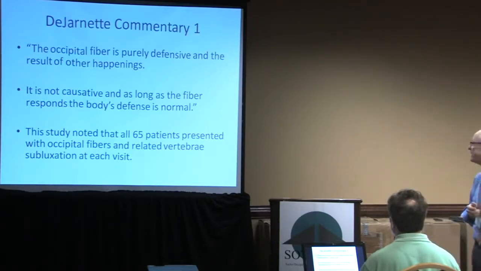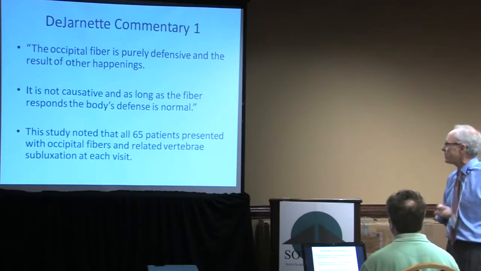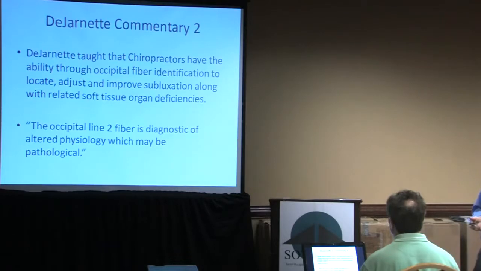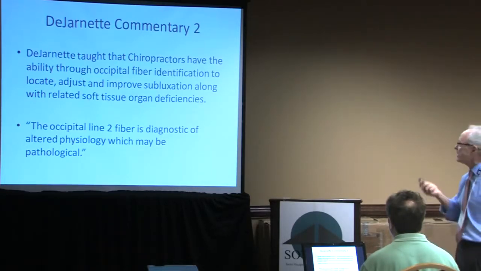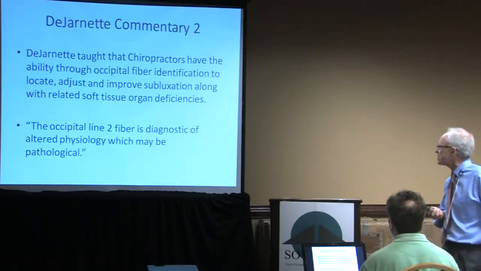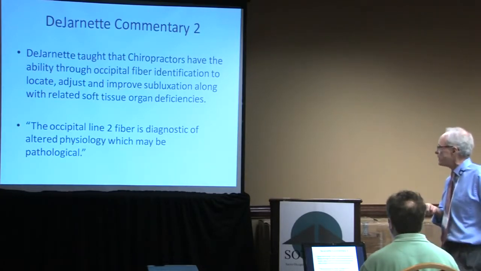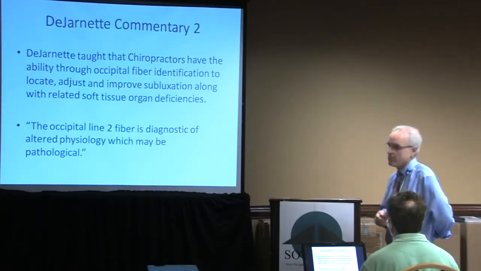It's a fantastic statement by Desjarnais. This study noted that all 65 patients presented with occipital fibers and related vertebral subluxations at each visit. Desjarnais taught that chiropractors have the ability, through occipital fiber identification, to locate, adjust, and improve subluxations along with related soft tissue organ deficiency. The occipital line 2 fiber is diagnostic of altered physiology which may be pathological.